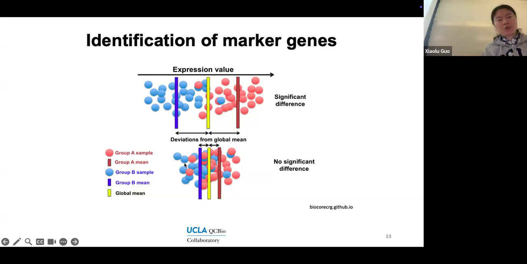Then we won't really be able to distinguish these two groups using just this gene, so we won't consider it a differentially expressed gene. So that's what we are doing for the test.